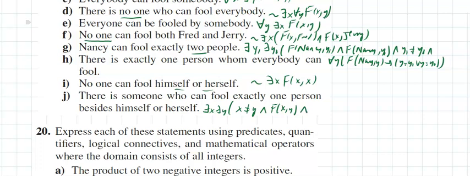And for anybody else, if the fooling does happen, and that's not himself, then that must be one person, exactly one person.